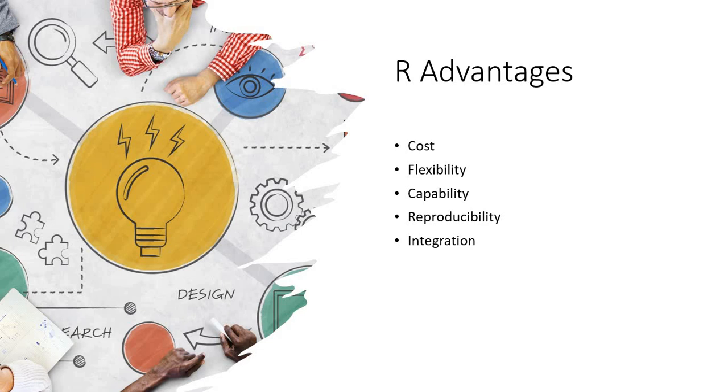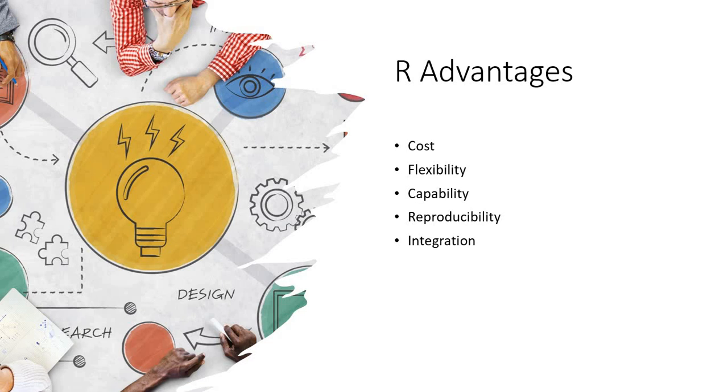Third is capability. Software packages like Excel or SPSS have a certain limited capability. There is a limit to the amount of data, for example, they can handle. But with R, there are no such limitations.